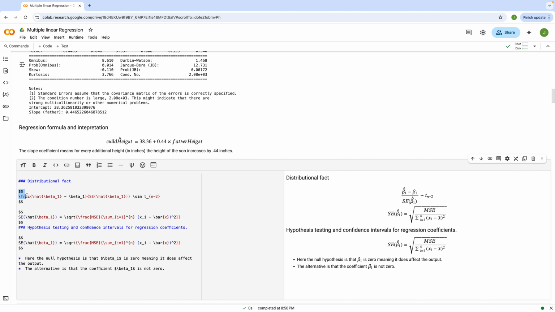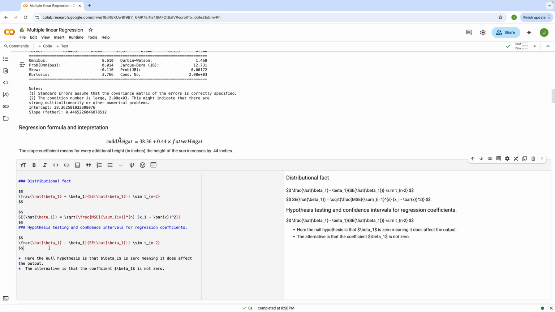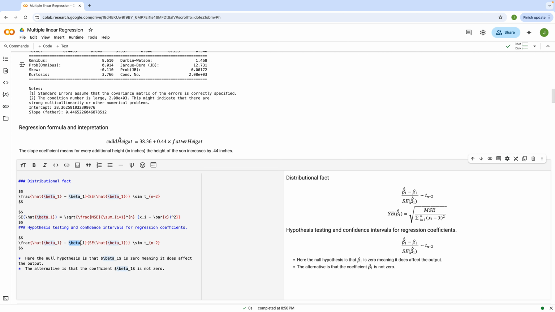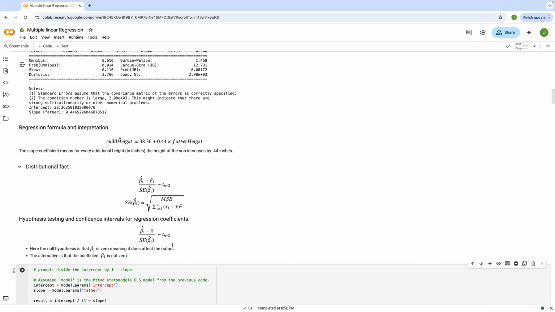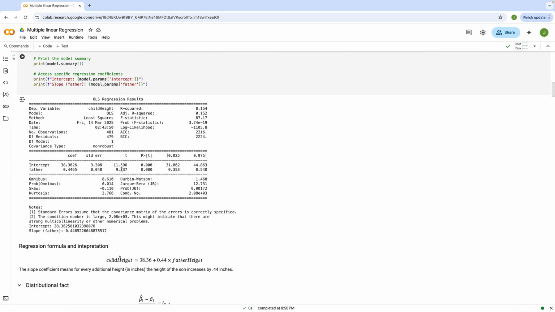The distributional fact under the null hypothesis becomes this. So that is the statistic under the null hypothesis. We just plug in 0 for beta 1. And then when we calculate that, we get this 9.33.